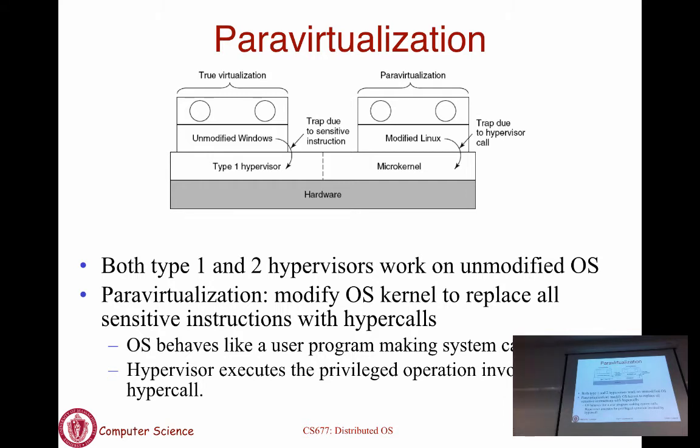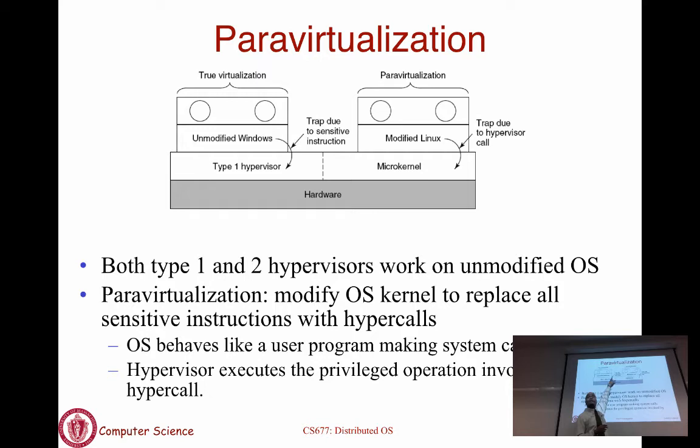So in this case, you are going to run this modified kernel that's specially built for virtualization, where you have replaced every sensitive instruction with a hypercall. This is what type 2 was doing on the fly. Now we just change the kernel and run it on type 1. So you have a modified Linux here.